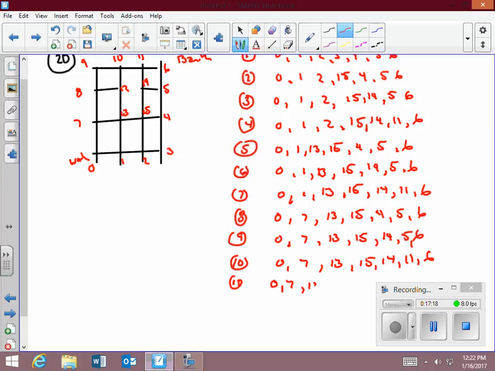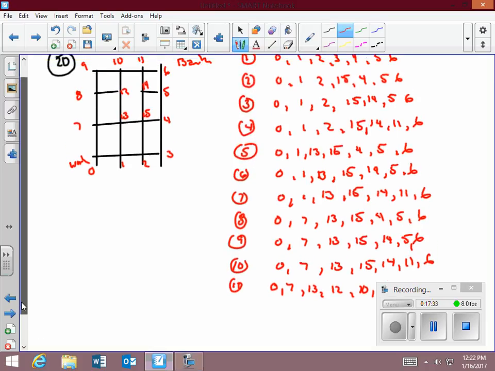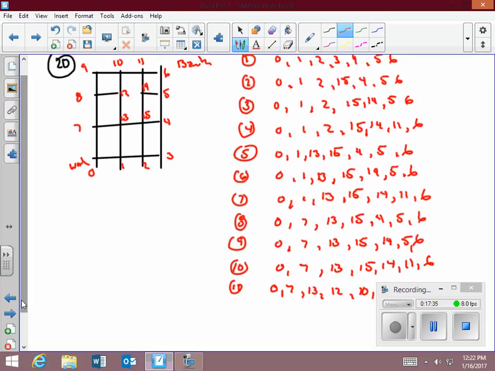and then go over to 13, then go up to 12, 10, 11, and 6. And you can't go in 0, 7 and then going across, you're done with that.